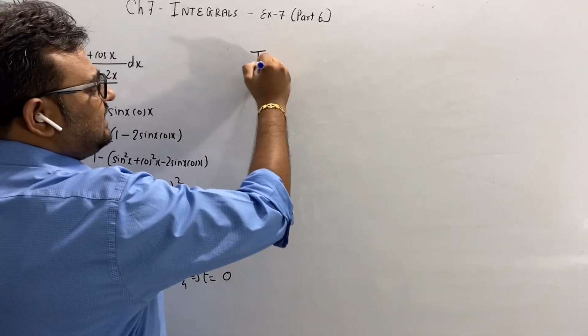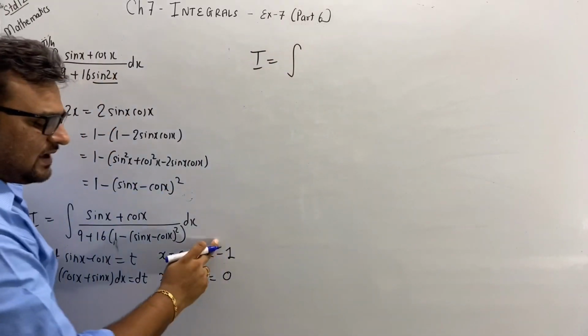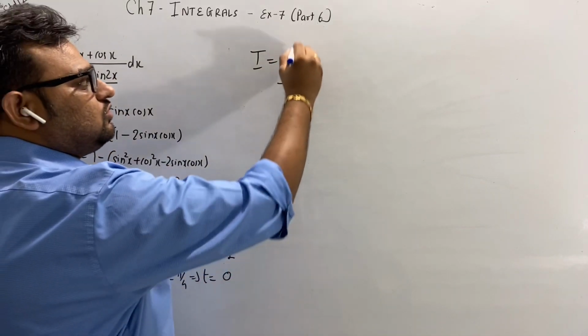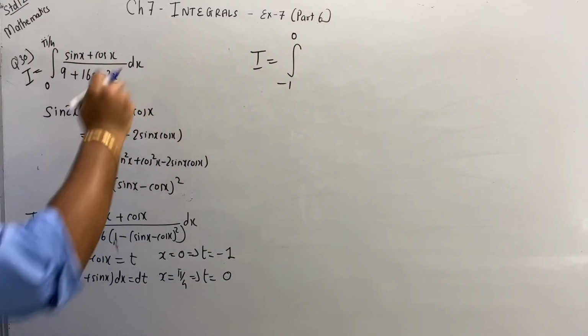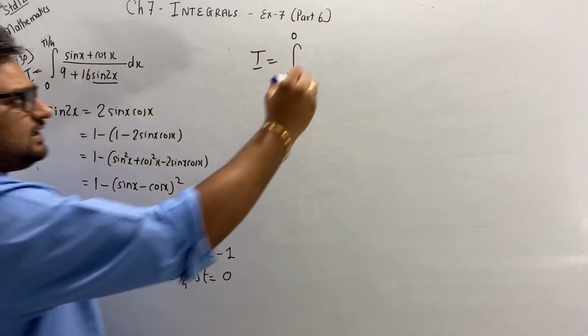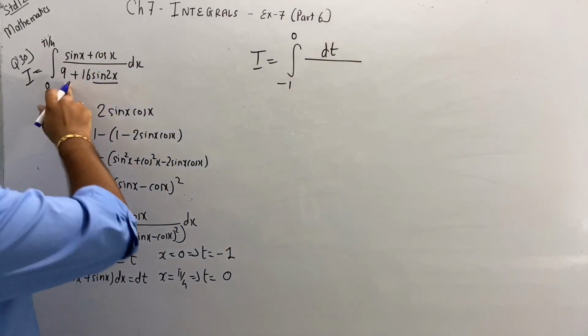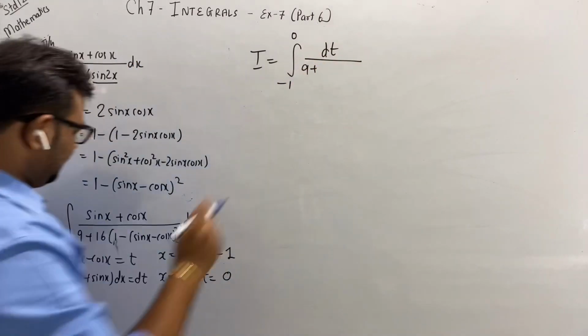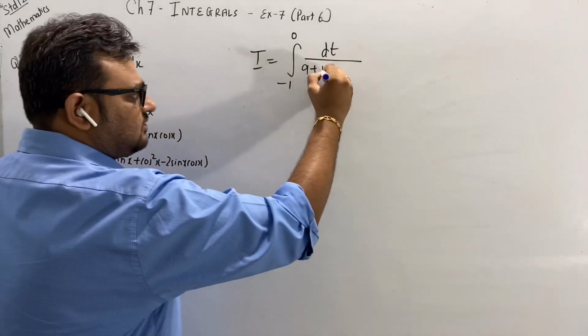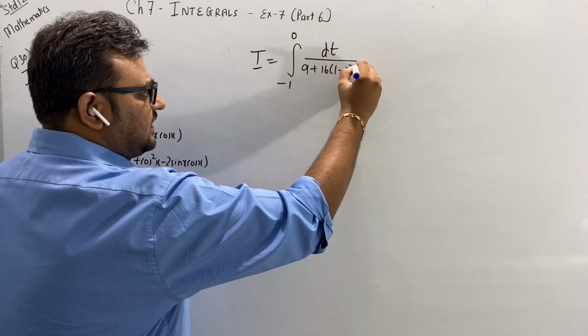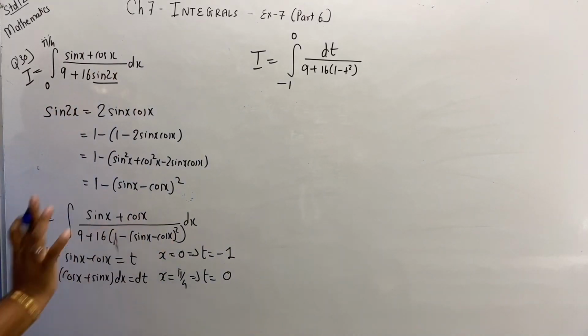So our integral will be equal to the integral from minus 1 to 0 of (sin x plus cos x) dx, which we have taken as dt, upon 9 plus 16 into 1 minus t square.